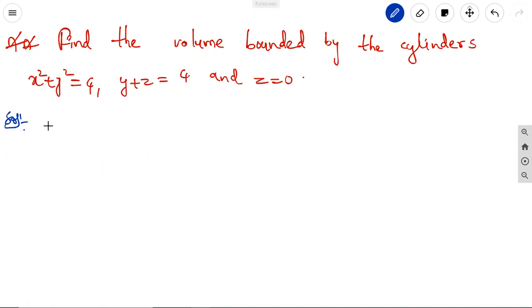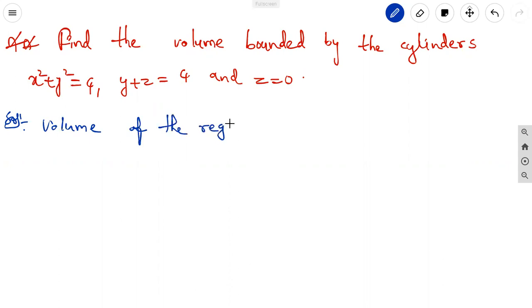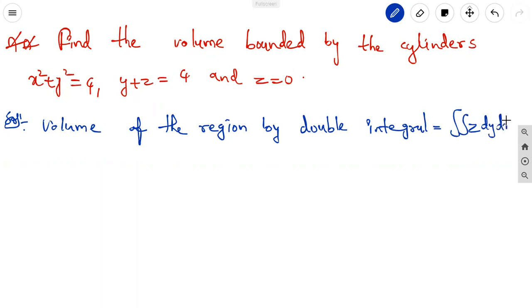Here, the volume of the region is calculated by the double integral, that is, the surface integral, double integral z dy dx.